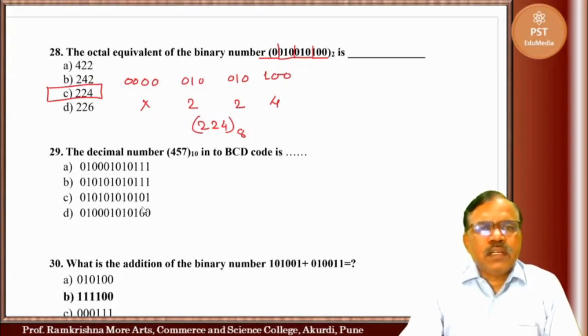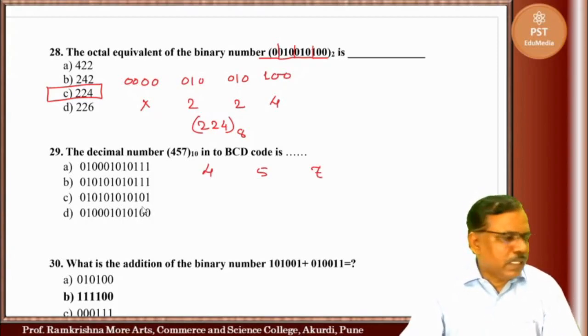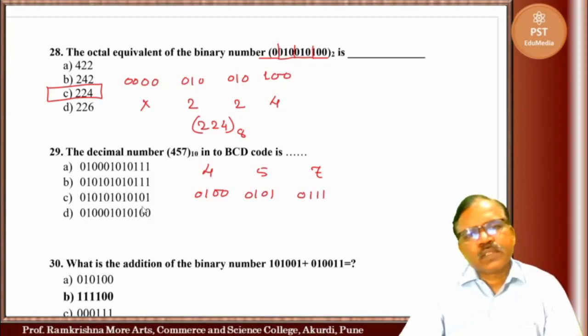Now the decimal number 457 into BCD code is, so 4, 5, 7. So take the corresponding 4-bit binary. For 4 it is 0100, for 5 it is 0101, for 7 it is 0111.